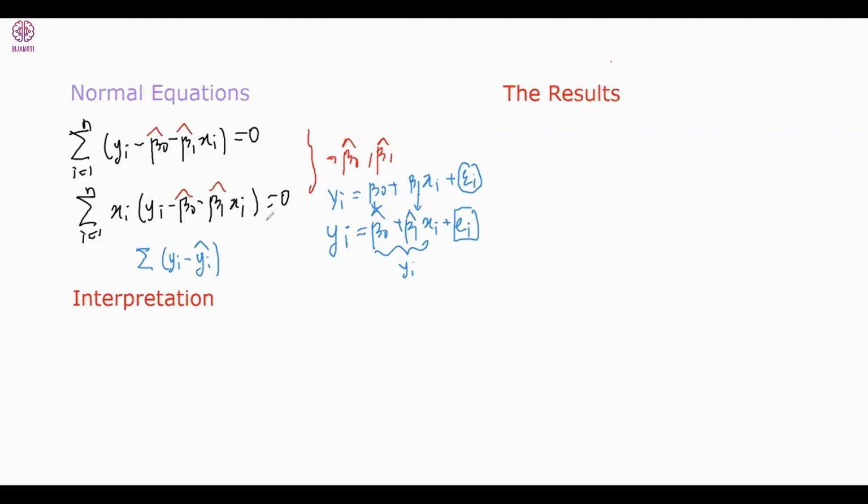So let's call this yi hat, which is beta naught hat plus beta 1 hat xi, and we have this yi.